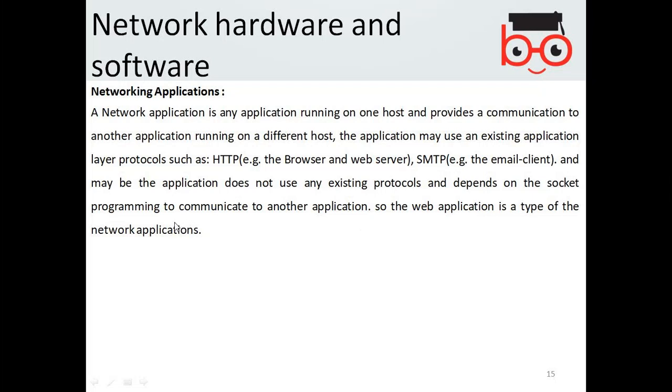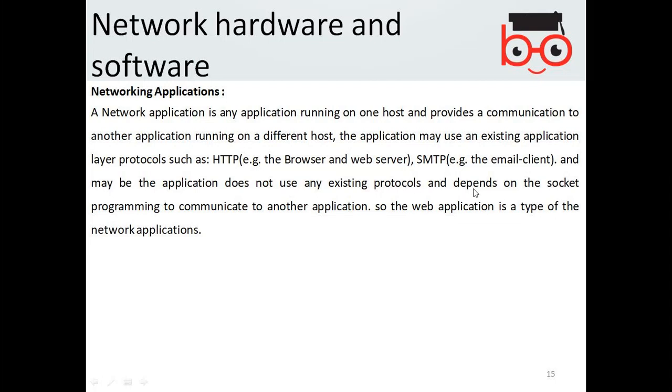When you have a network, you need an application to communicate between the devices. When you talk about a host, it means your laptop, your desktop, your mobile device, and they need to communicate using a certain application.